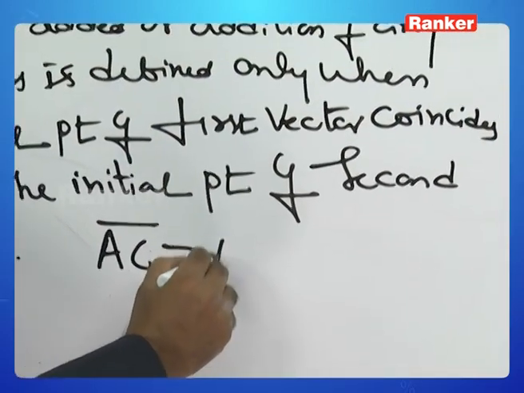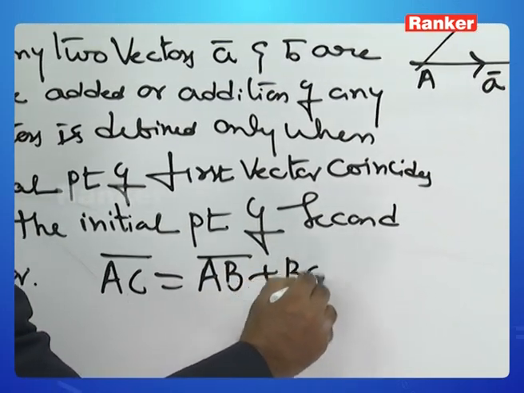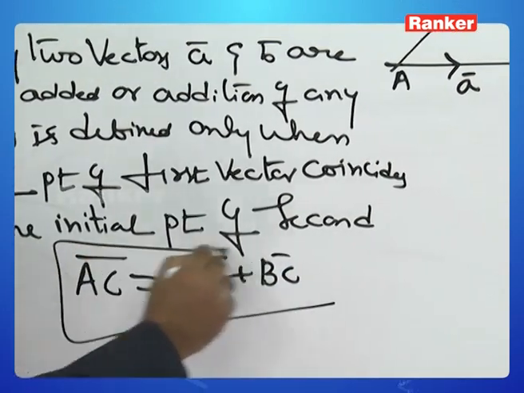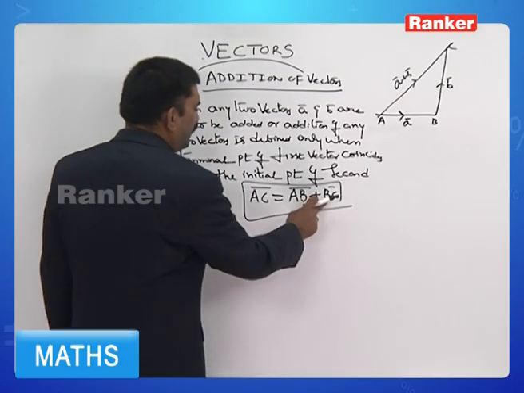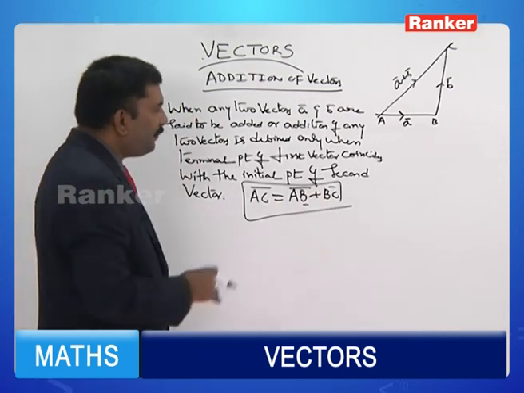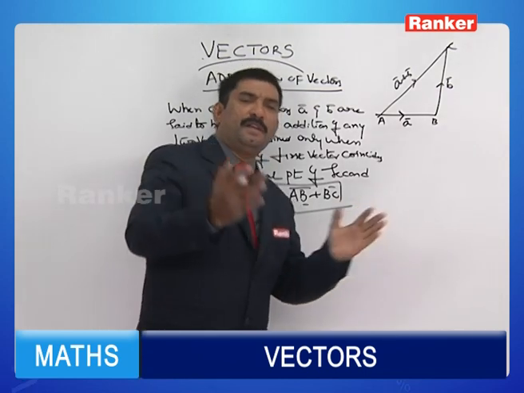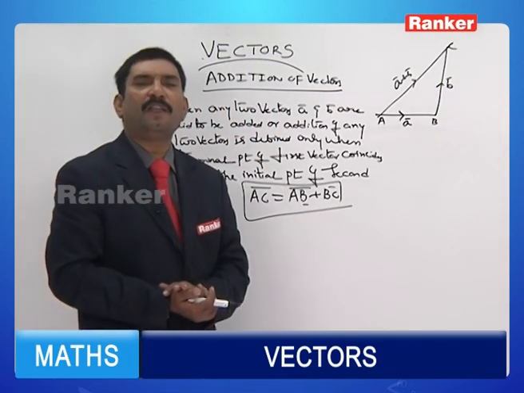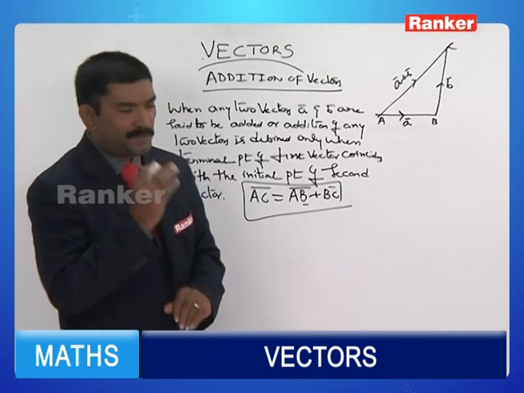AC bar is equal to AB bar plus BC bar. Right? Terminal point of the first vector must coincide with the initial point of the second vector. So therefore, addition of vectors is also known as the triangular law of addition.